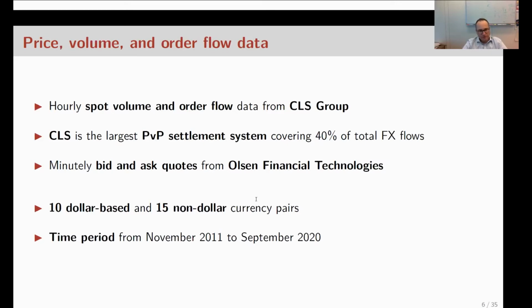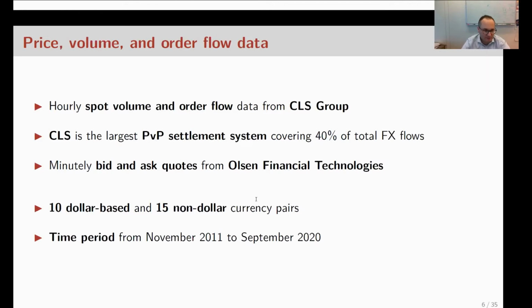So from CLS we get hourly data on spot volume and order flow, but we will aggregate this data up to lower frequencies for our analysis in the paper. Then we combine the CLS data with data from another data provider, Olsen Financial Technologies, where we get minute by minute bid and ask quotes for the main FX crosses.